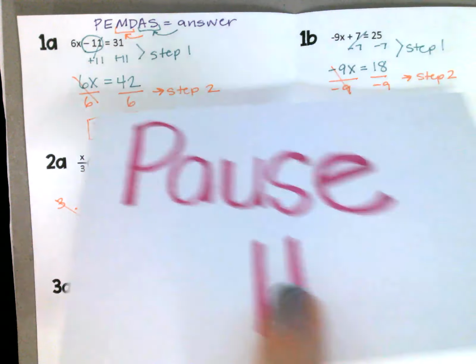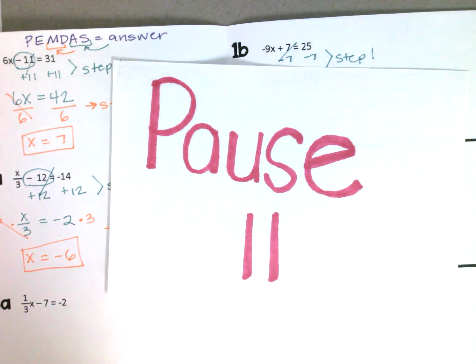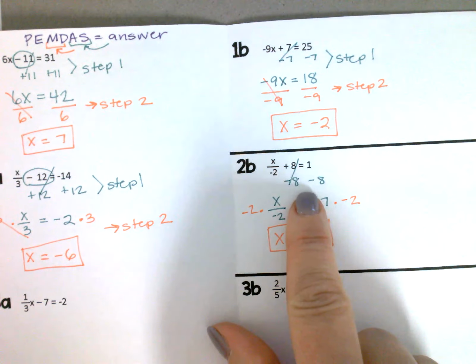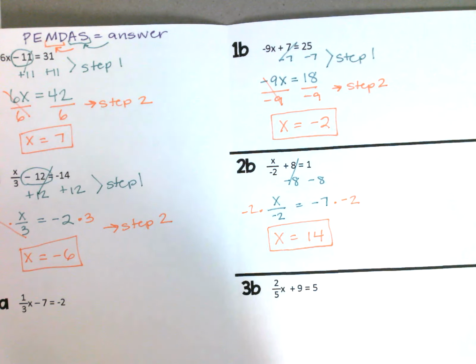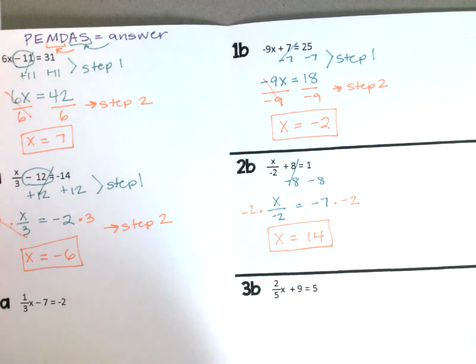Again, I'm going to ask that you pause the video and do question 2B. Thank you for pausing the video. Hoping you subtracted 8 first, leaving you with step 2 being multiplication, and I get 14.